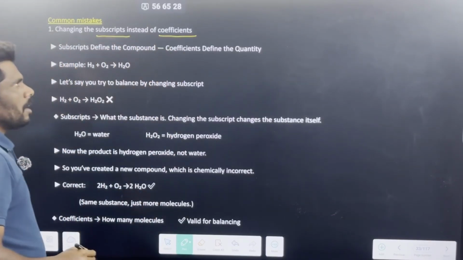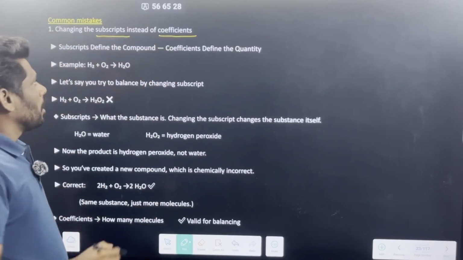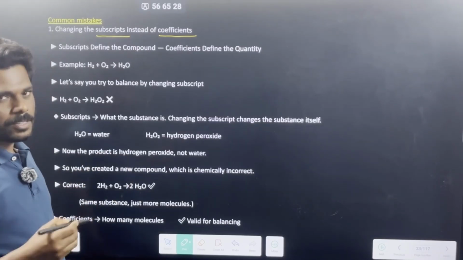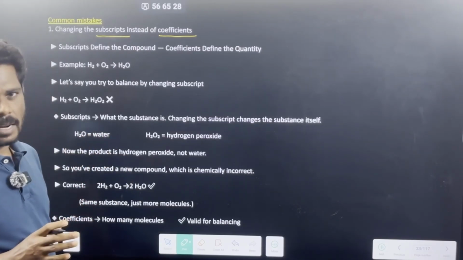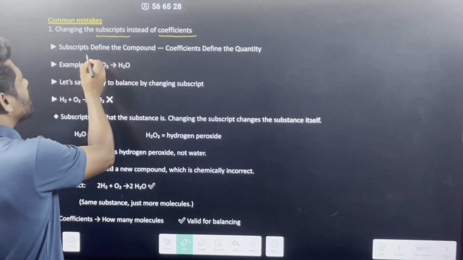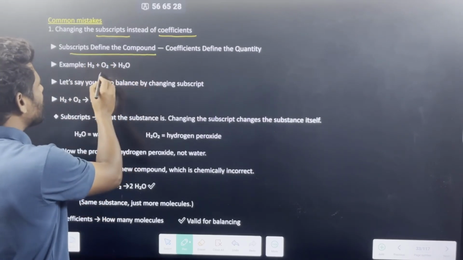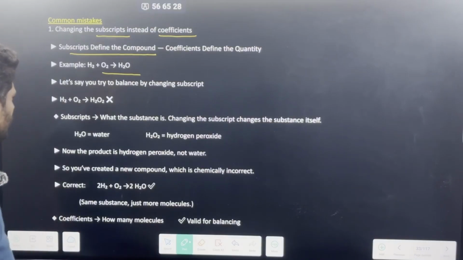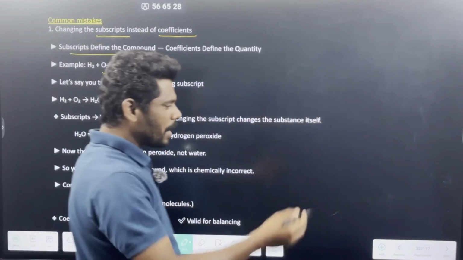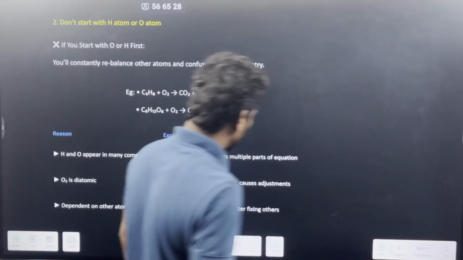This is the most common mistake many people make in the starting stage of balancing the equations, but don't ever do it. Why? Because changing the subscript will change the nature of the substance, whereas changing the coefficient will change only the number of atoms. I'm not going much deeper into that.